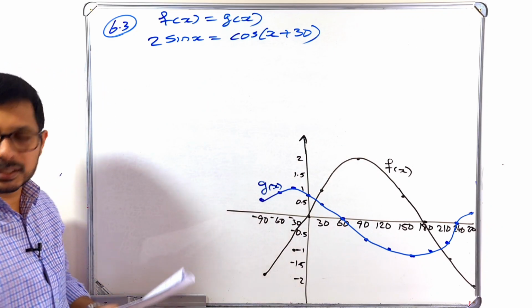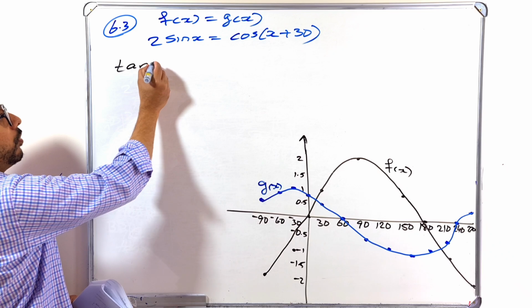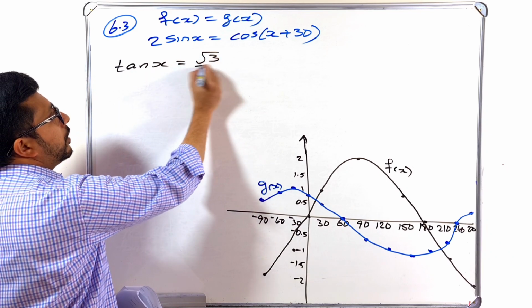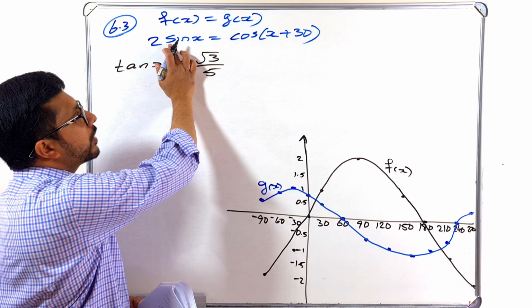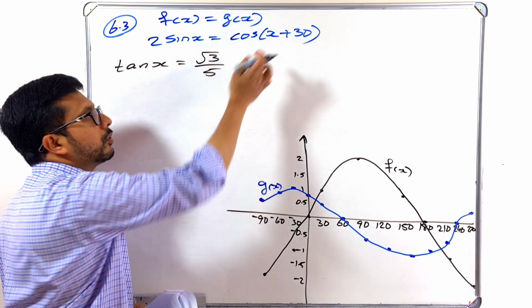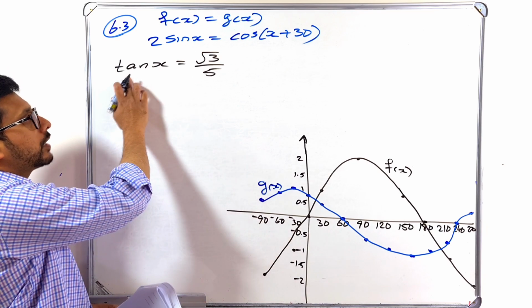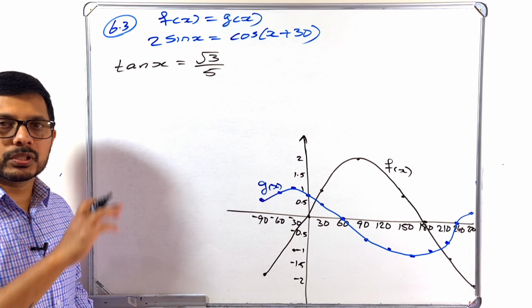We can write it as tan x is equal to root 3 by 5. That is the previous question. We already proved that this expression 2 sin x is equal to cos of x plus 30, we can write it as tan x is equal to root 3 by 5. Am I right? That was the previous question, 6.2.